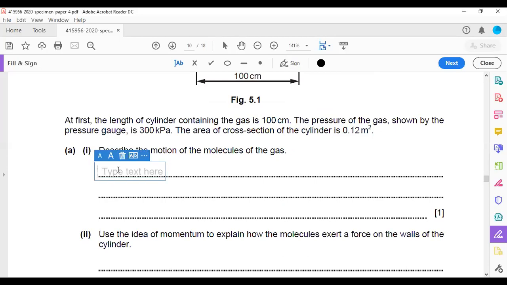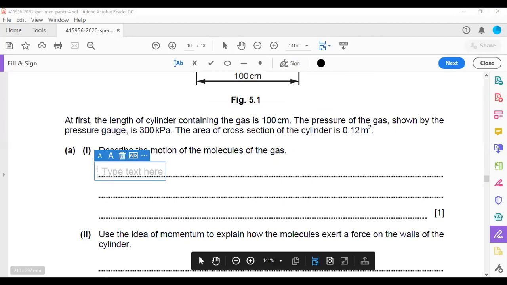And we would have done this before. Going back to our notes, we did this in thermal.